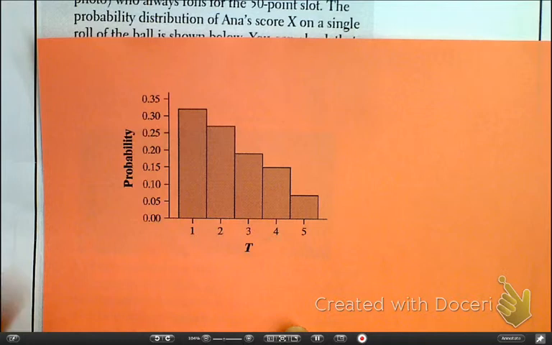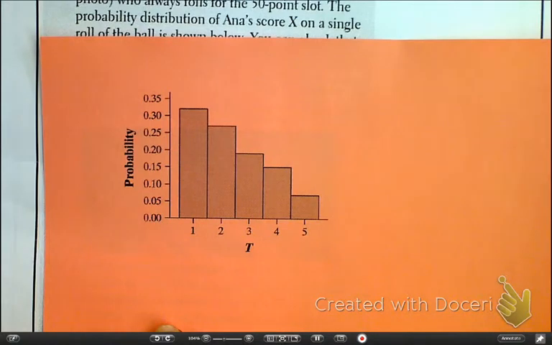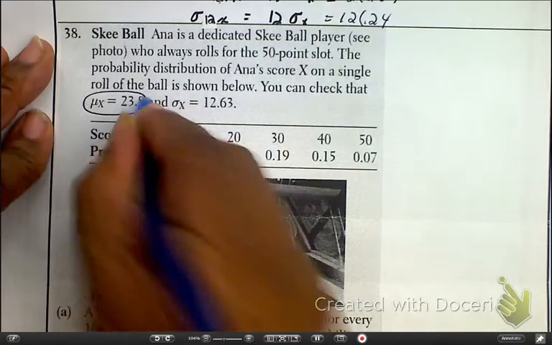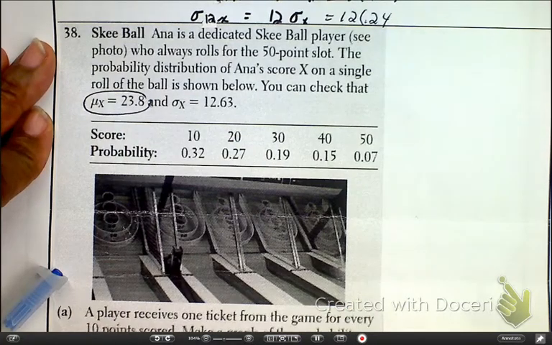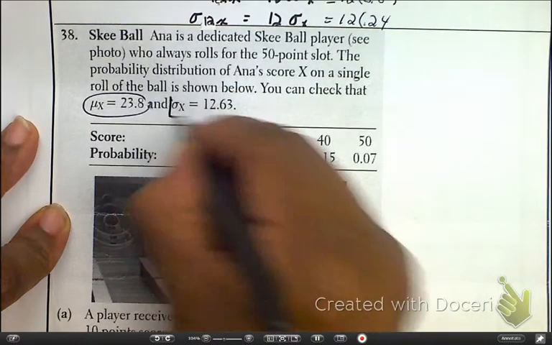Now here's the histogram that represents this skee ball distribution and the tickets. Okay, so here they're asking us for the mean, and then they're asking us for the standard deviation.